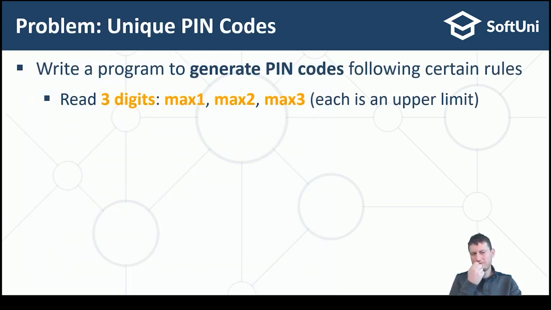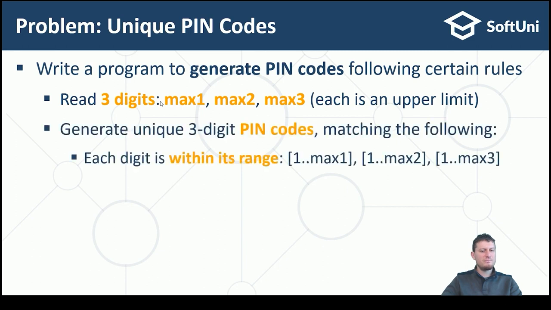The next one is called unique pin codes. It's about generating unique pin codes, which consist of three digits. Okay, the first is in the range 1 to max 1, the second is in the range 1 to max 2, and the third is in the range 1 to max 3.